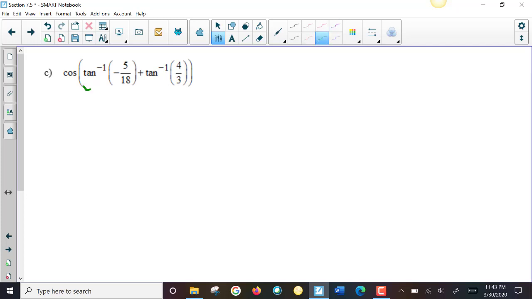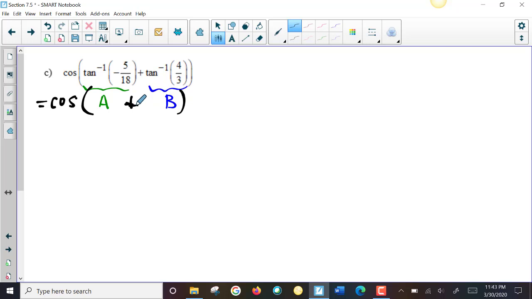So I'm going to call this one A, and I'm going to call this one B. So basically, you can see then I'm saying, what's the cosine of A plus B? So it's a cosine of a sum of two angles.